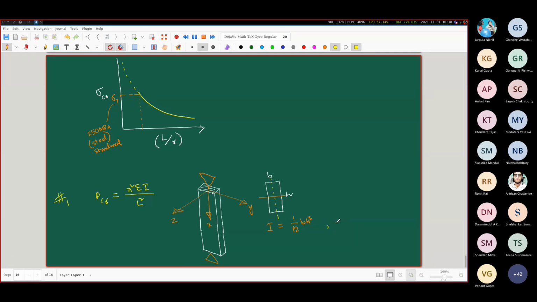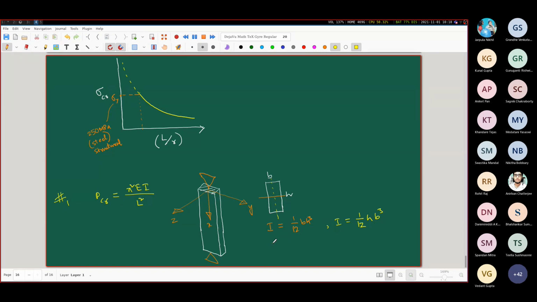That I will be 1 by 12 HB cube. Both of them are the second moments of area, just calculated about two different axes. So this orange one is the Z axis, and this yellow one is like the Y axis.